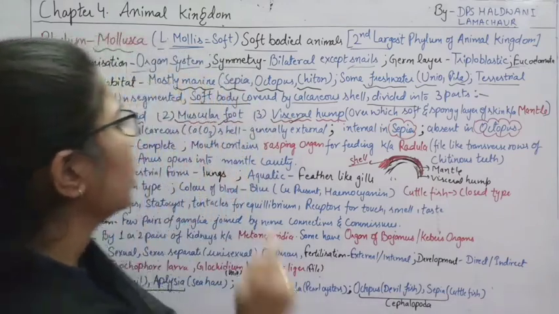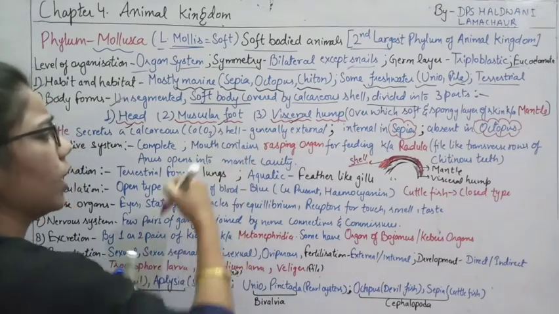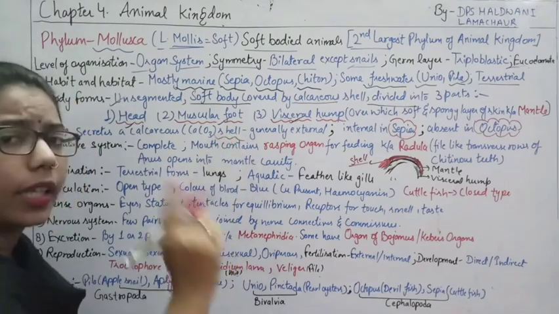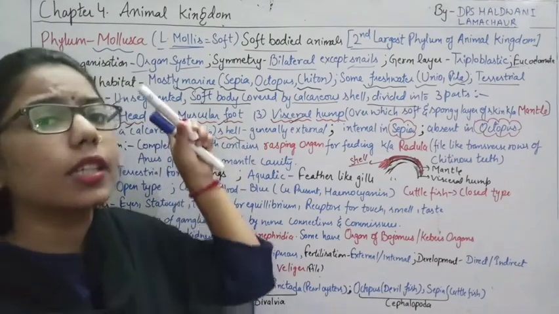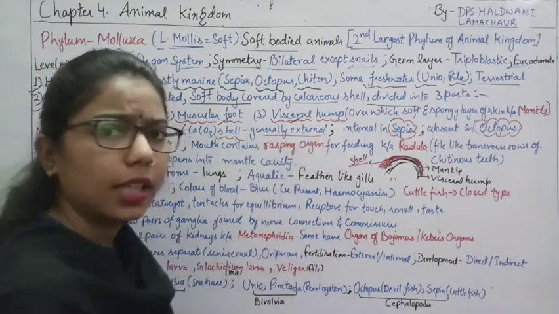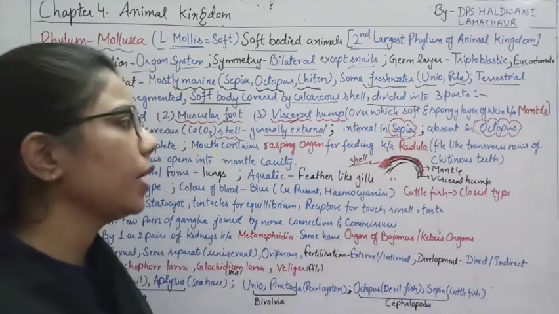Right, as we have done here, now this shell, as we are saying, is the distinct feature of the molluscan. Now this shell can be present externally, sometimes it can be present internally, as well as it may be absent.